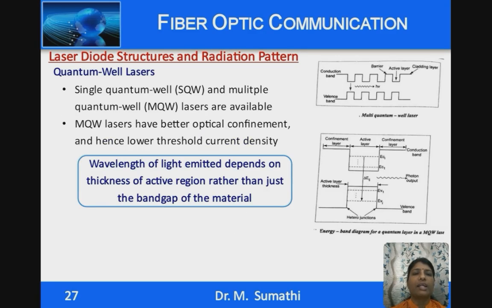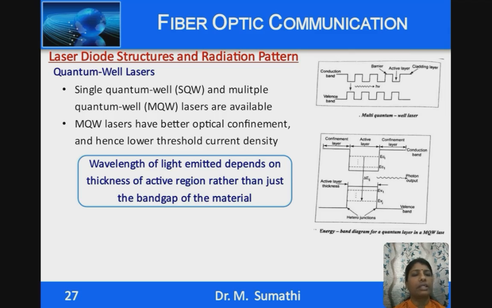So, single quantum well lasers and multiple quantum well lasers are available. The movement of the charge carriers is restricted to the perpendicular direction, and this results in higher efficiency of the laser and lower threshold current density.